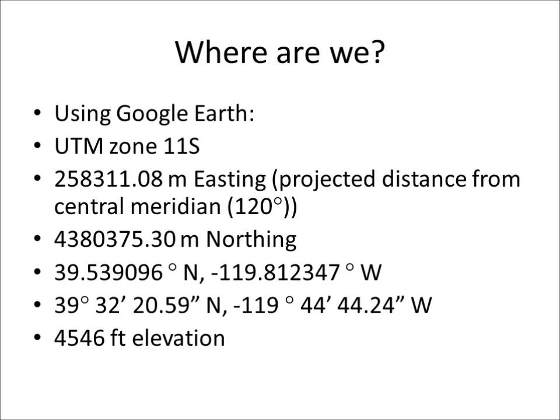In degrees, minutes, and seconds though, the same position is 39 degrees, 32 minutes, 20.59 seconds north, and negative 119 degrees, 44 minutes, 44.24 seconds west. Using Google Earth, we can also see that we're at 4,546 feet of elevation.